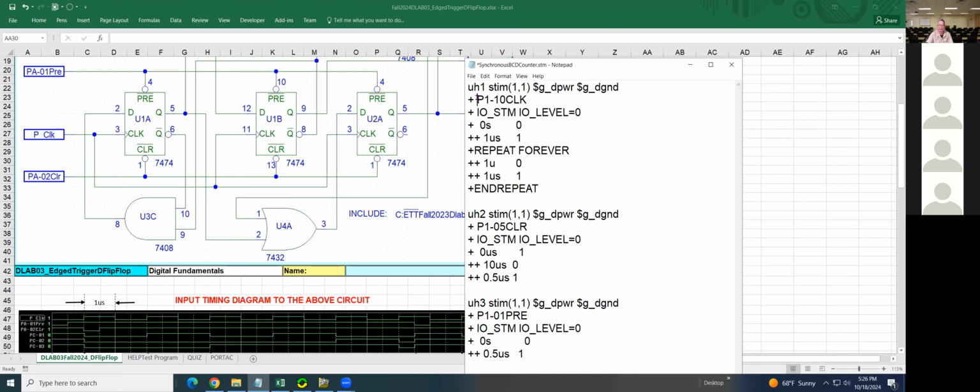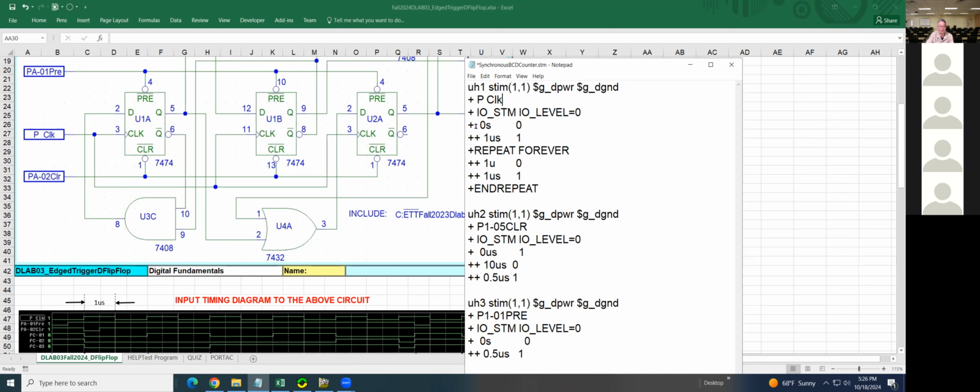So this one you need to change. If you want the clock, then you have to type in P space CLK. Okay, now if you're looking into the timing, it will be 0 for 1 microsecond, go 1 for 1 microsecond, and they keep going back and forth, the same thing.